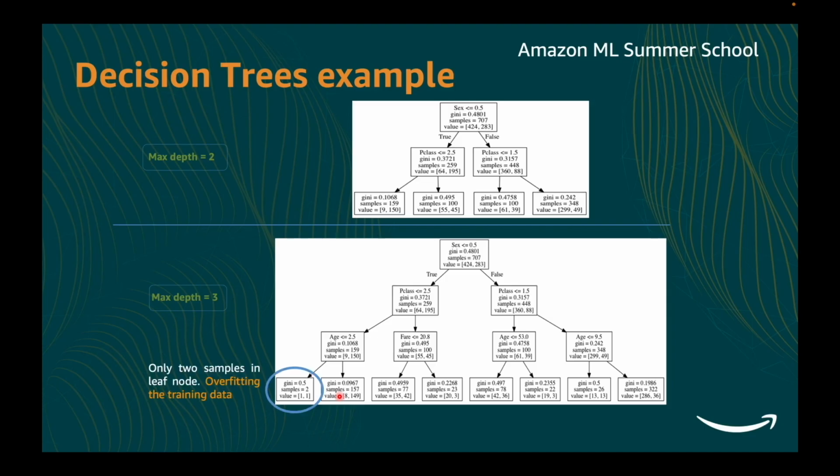Basically, the deeper the tree is, the higher the chance that you have overfitting. And that is because the regions, as they become smaller and smaller, you have fewer and fewer data points in them, and so it becomes very noisy. It becomes very high variance. If you have, for example, in this node only 2 samples which are being used to determine whether it is a positive or negative class, that's not enough.